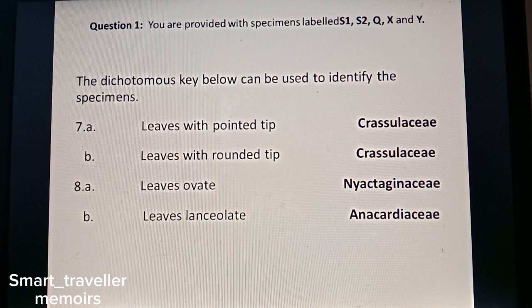Seven A, leaves with pointed tip, Classulaceae. B, leaves with rounded tip, Classulaceae. All right. Leaves ovate, Nyagatiginaceae. And leaves lanceolate, Anacandidiaceae. All right.